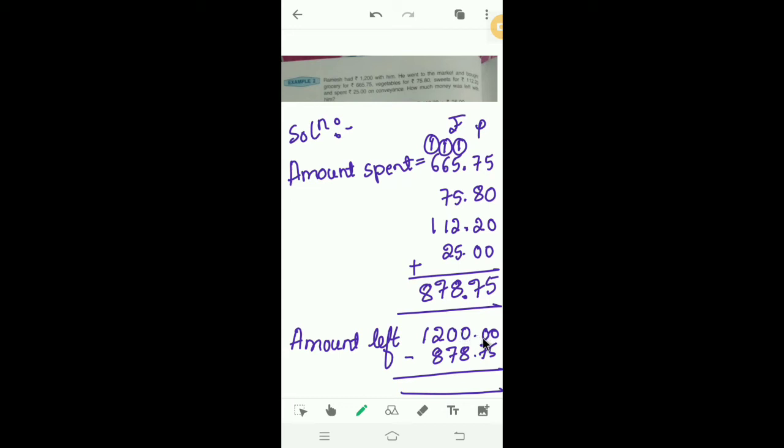The next number is 0, so we can't borrow, so we go to the next number. The next number is 0, so we can't borrow, so we go to the next number. The next number is also 0, so we go to the next number. The next number is 2.